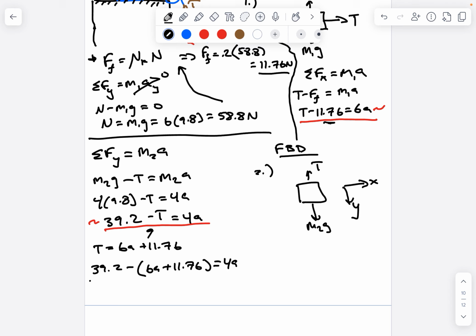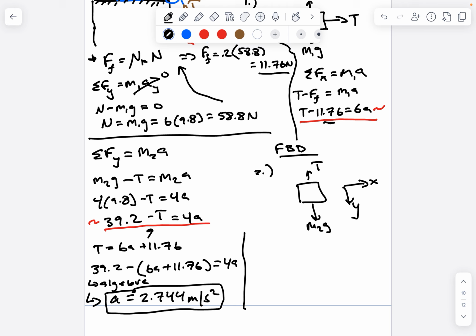Now, through algebra, I'm not going to do it, but feel free to solve it on your own. We get that acceleration is equal to 2.744 meters per second squared. In the comment section, let me know if you got the right answer or something different.